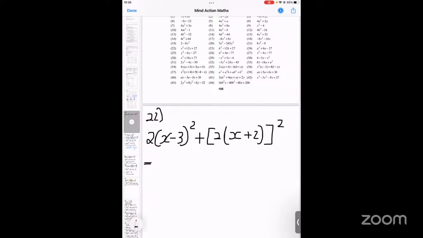So I would start off with the first part by saying 2 bracket x minus 3 close bracket, open bracket x minus 3 close bracket. Then I'd say plus bracket 2 close, open bracket x plus 2 close bracket, and then another one of that. That's my first step.